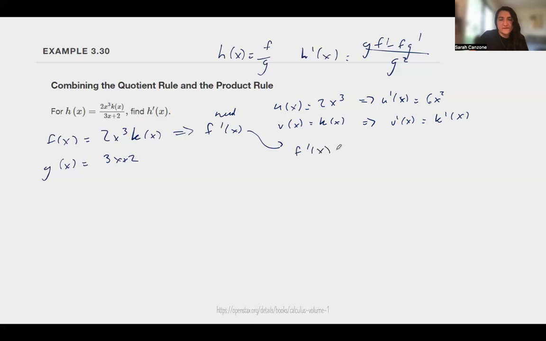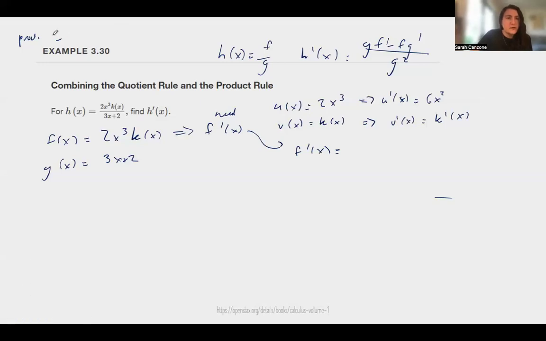So f prime of x is, well, the product rule, I'll rewrite it up here, is first times the derivative of the second plus second times the derivative of the first. In terms of u and v, let me write it like that.